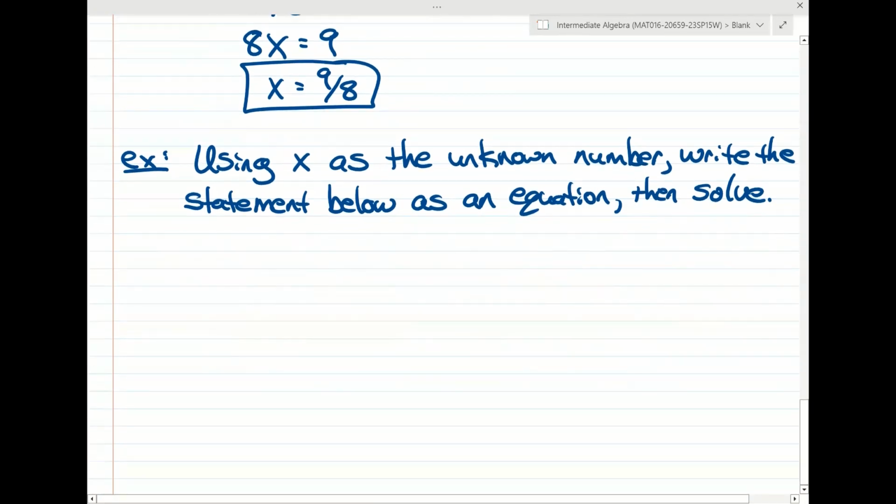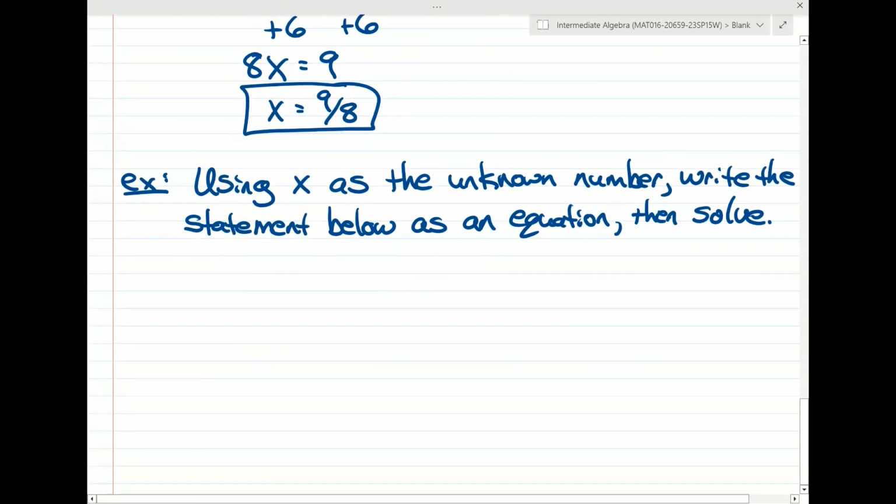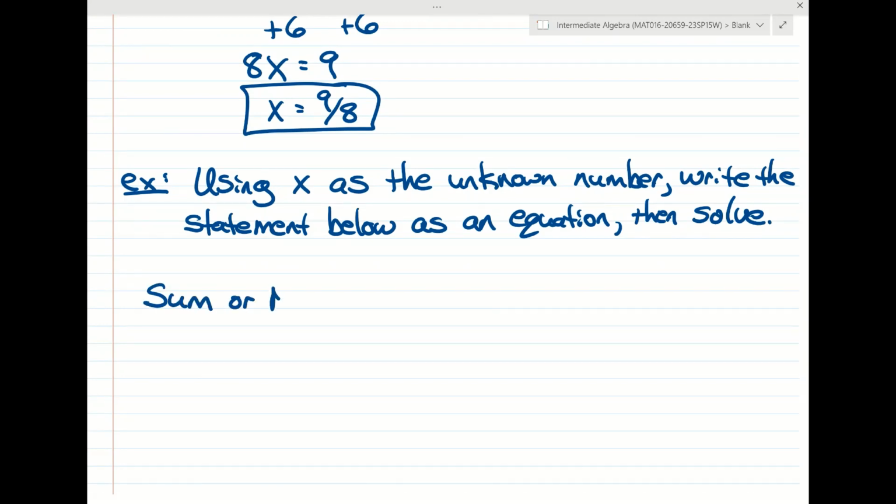And in order to do that, I just want to explain to you a few rules. If you ever see the word sum or more than, this means plus in math, obviously.